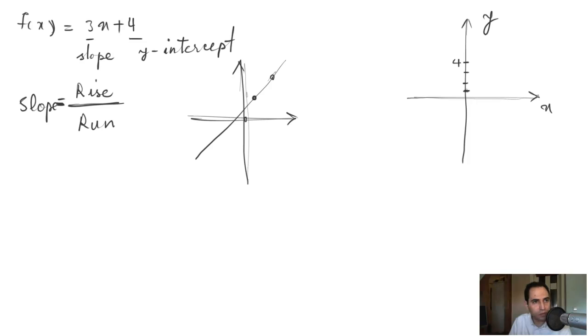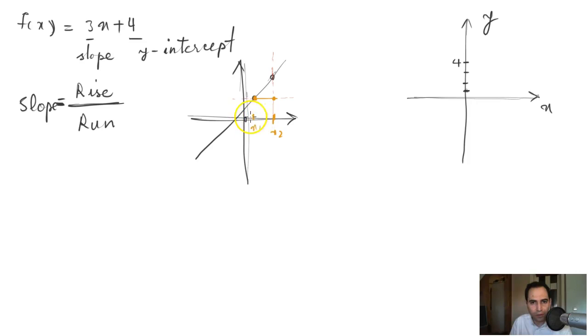So what is the rise and run? If you compare the 2 points, you can draw something like a triangle over here, and then this is your run. So you run from here up to here this many units to get to this point. Let's say this is your x1 and this is your x2.